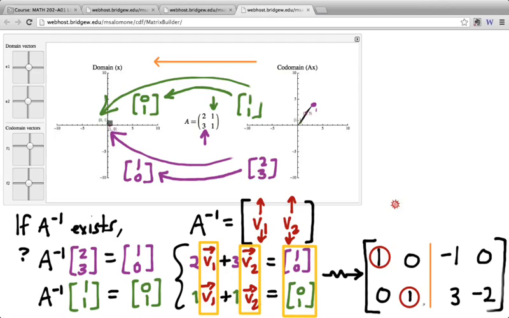And 0 minus a half of negative 2 is positive 1. And when this whole process is done, we've now discovered the inverse of our matrix. It's right there on the right-hand side. So this matrix now is A inverse. And hopefully that was the same A inverse that we saw a moment ago. I certainly hope it is.